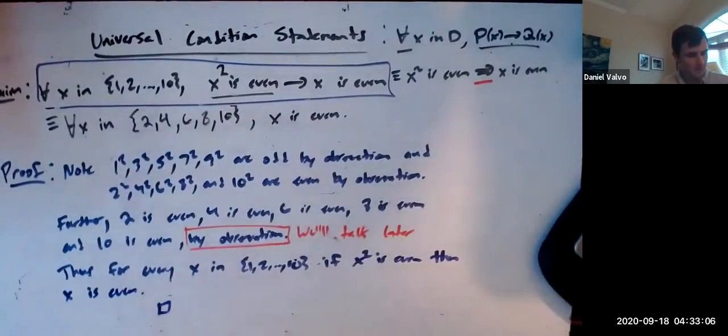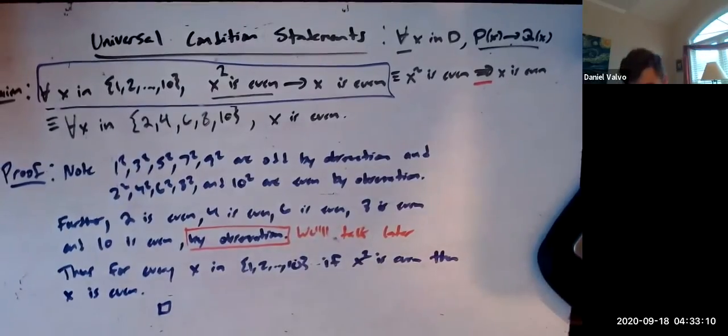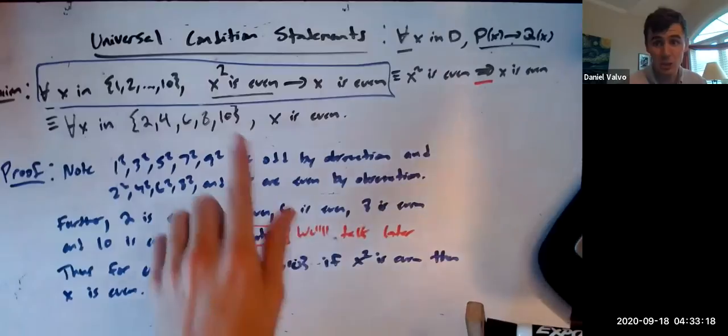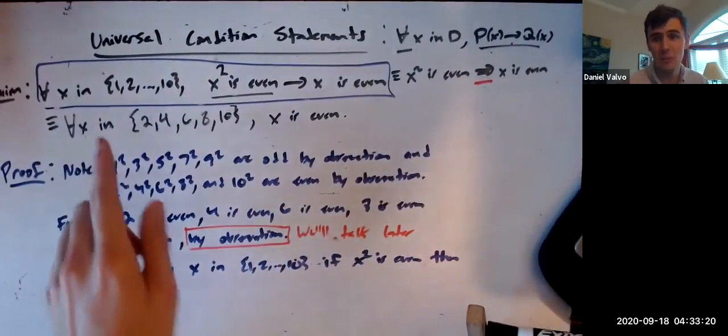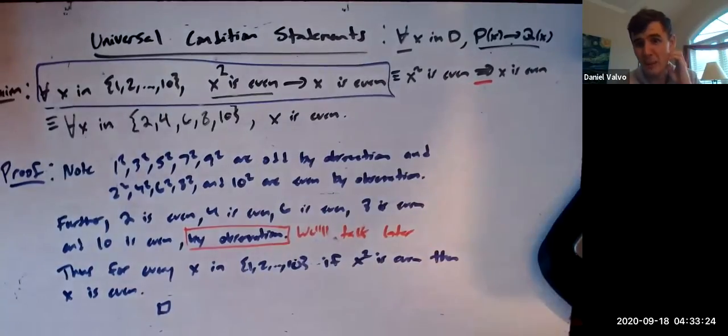Done. That's totally fine too. But keep in mind that we're skipping the step of going through and checking each of the x's and showing that 2 squared even does imply 2 is even, 3 squared even does imply 3 is even vacuously, 4 squared even, and so on. You're skipping that step, but it's okay. I give you my blessing. Any questions on this?